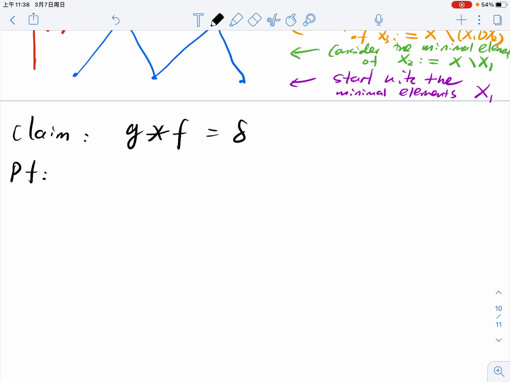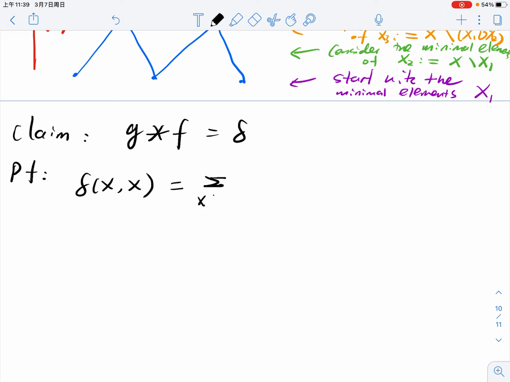So the proof: first note that for delta(x,x), by definition, this is g(x,x) times... let me write it more carefully.